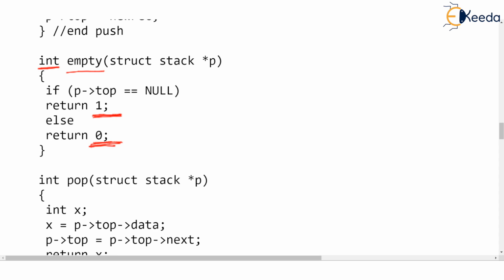And the empty function, as usual, is getting address of s. You might have seen the call to empty. It was called as in the if. It was called as if empty. This is the call to function. Address of s is passed. Correct?